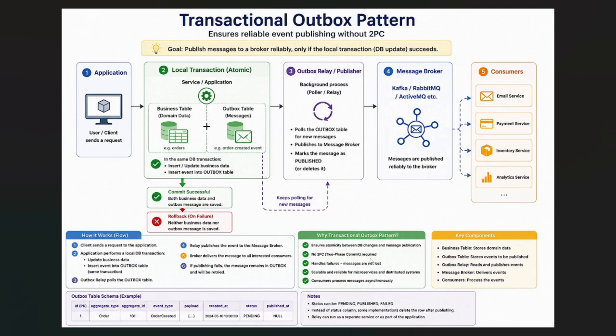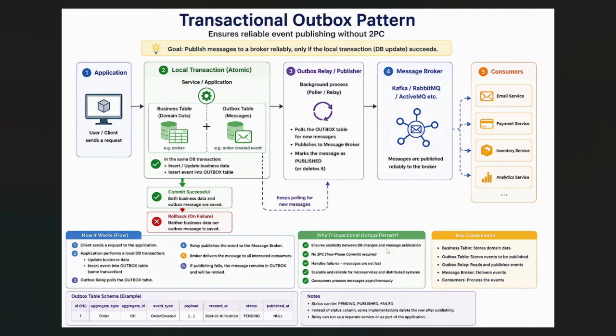So what are we achieving here? No two-phase commit. If there was a two-phase commit, because this is a distributed architecture, you would have to wait for all the players to tell you that they have completed the transaction from their side.